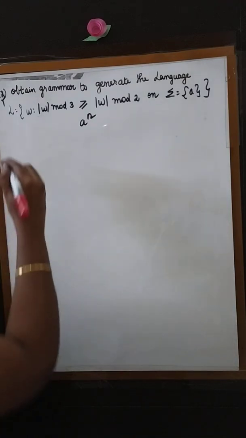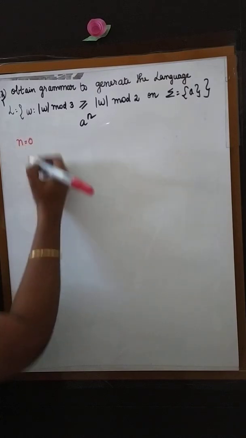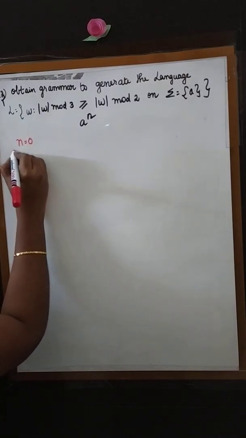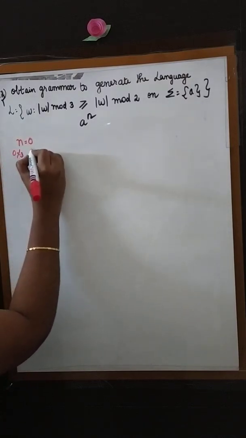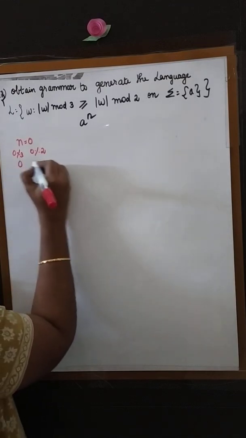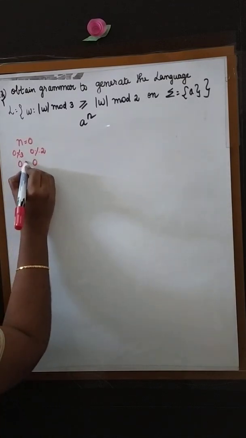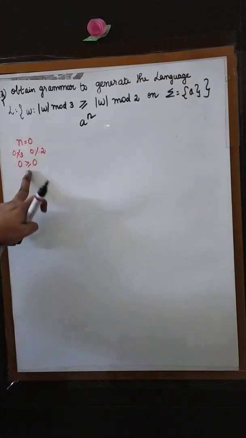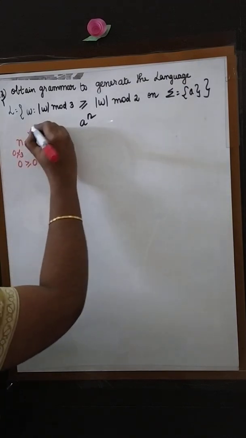Now I am going to take my n as 0. So 0 mod 3 one part, 0 mod 2 another part. I will get 0, right? So the condition greater than or equal to is satisfied. So I will take this one.